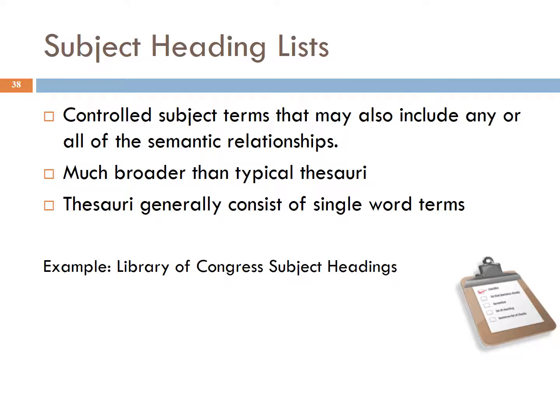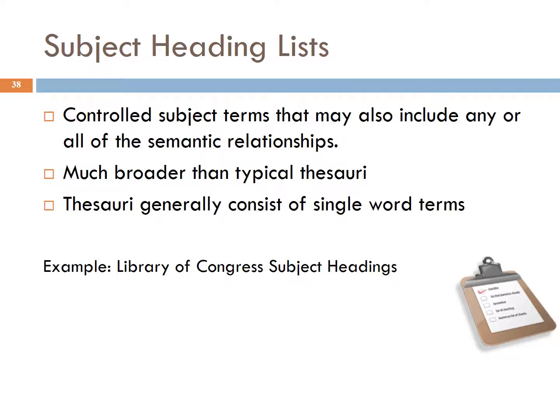First, most thesauri cover a more specific or restricted subject domain, whereas subject headings like LCSH, as we saw two weeks ago, cover the entire range of human knowledge, since it's intended for the collections of the Library of Congress, which potentially encompass virtually any and every topic in the subject domain.